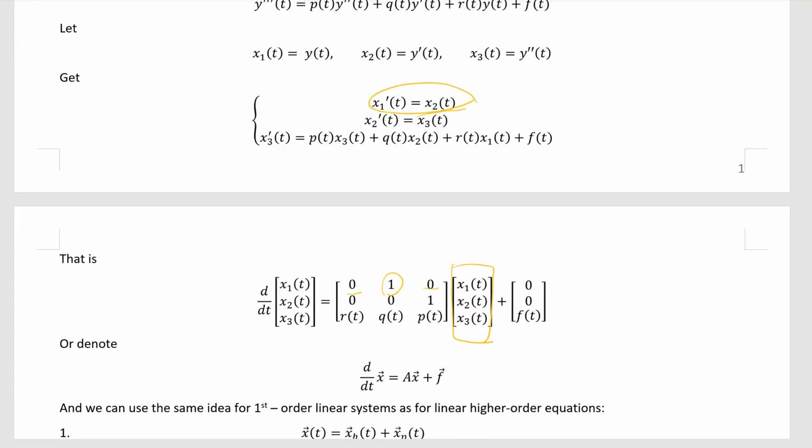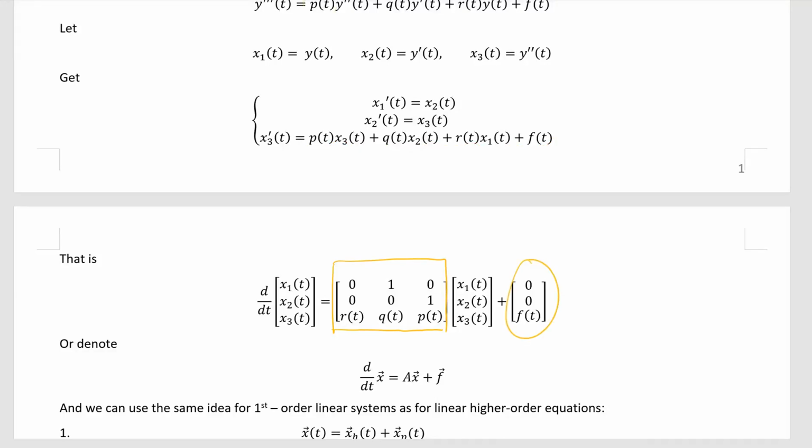For the second equation, we have x3, so 0 x1, 0 x2, and 1 x3. For the third equation, the coefficient of x1 is r of t, the coefficient of x2 is q of t, and the coefficient of x3 is p of t. So that's why we get this coefficient matrix. And then we still have f, the forcing function.